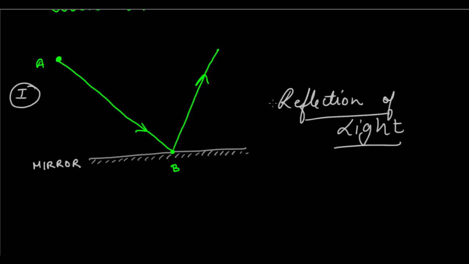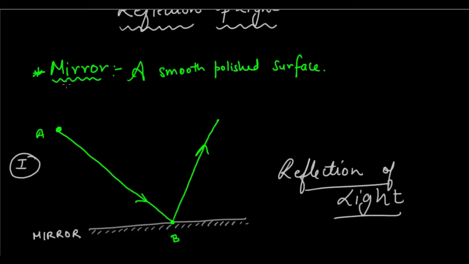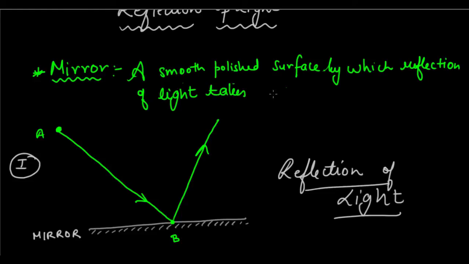Right? So, can we now complete that definition of a mirror? Yes, we can. We saw that a smooth, polished surface is what we call a mirror, and that light ray strikes a smooth, polished surface and jumps back into the same medium on striking that surface, which we call reflection. So, mirror can be defined as a smooth, polished surface through which or by which reflection of light takes place.